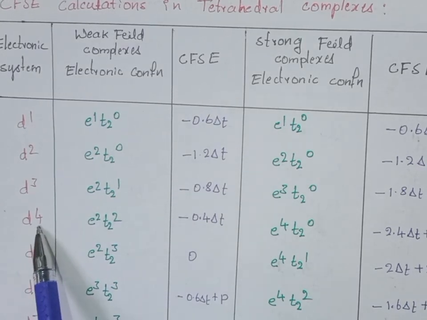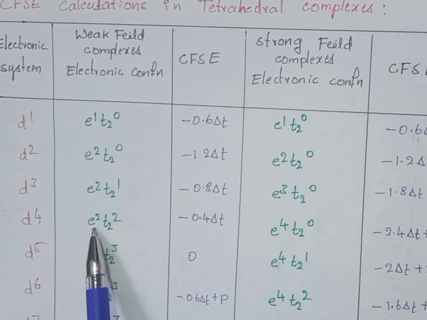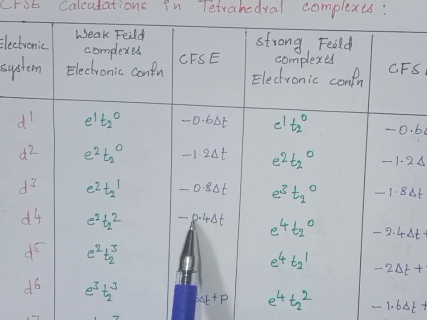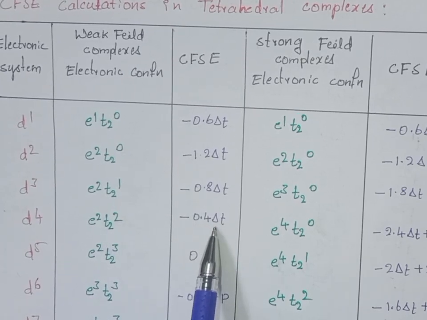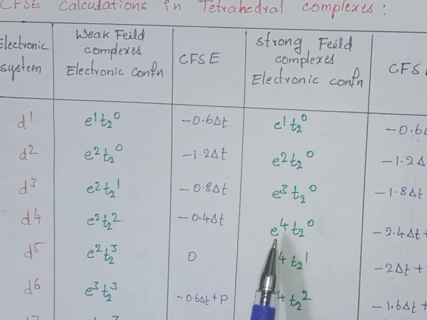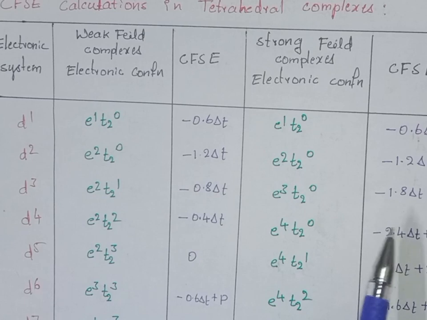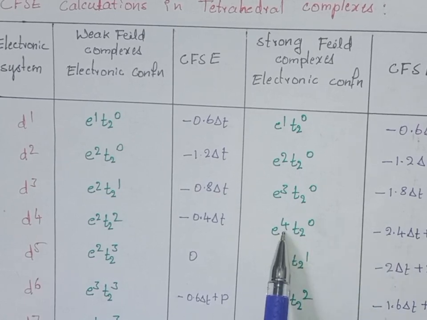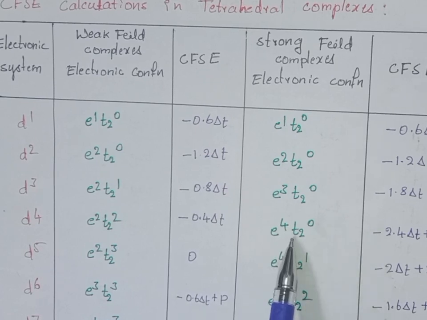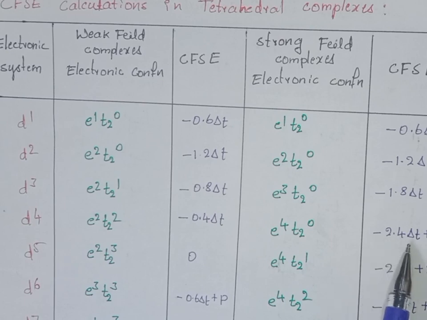For the d4 electron system, the electron configuration for the weak field complex is e2 t2^2 and the calculated CFSE is minus 0.4 Δt. For a strong field complex, the electron configuration is e4 t2^0. Electron pairing will take place in strong field complexes, and violation of Hund's rule will take place here, right? And the calculated CFSE is minus 2.4 Δt plus 2 electron pairs into pairing energy.